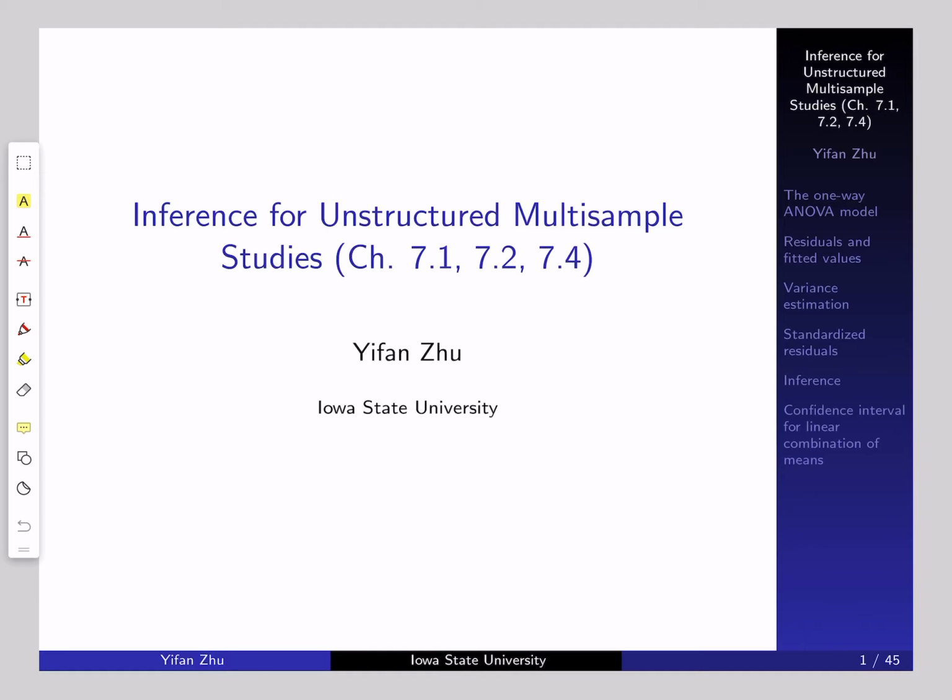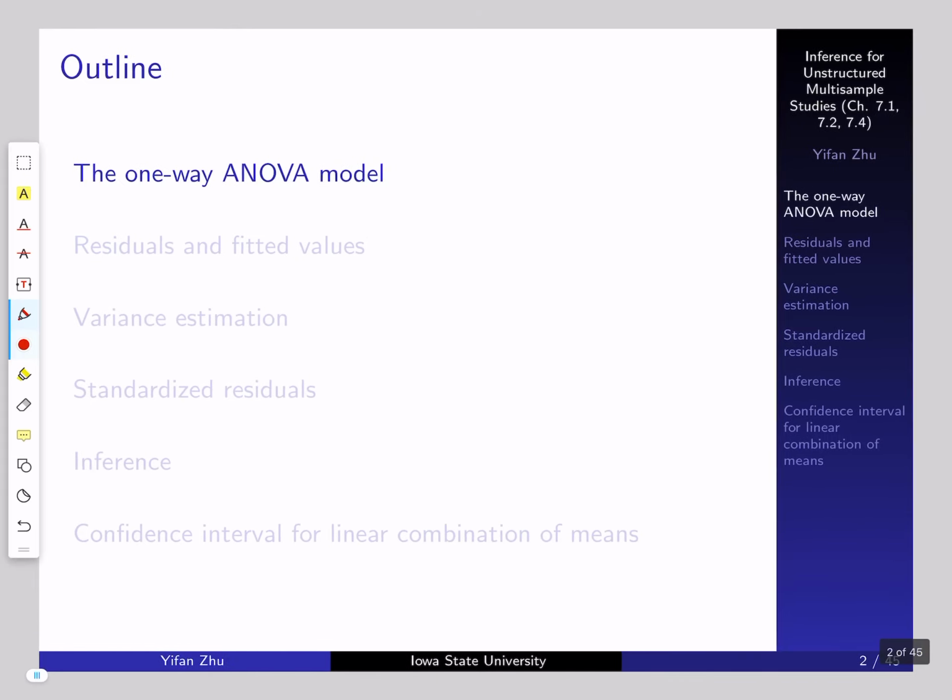This is basically an extension of two-sample inference, but now we don't only have two samples, we have at least three samples. To do this, we will use a model called a one-way ANOVA model.